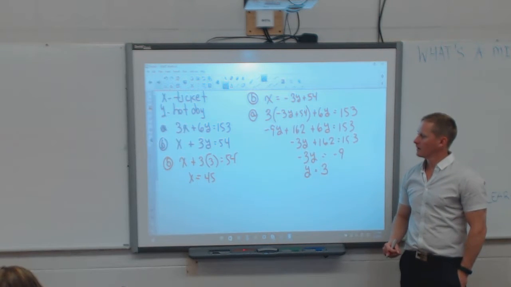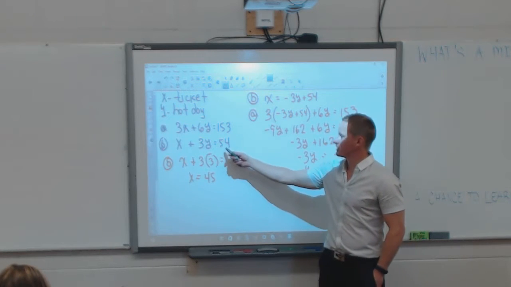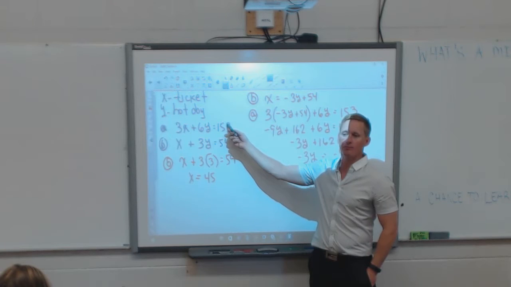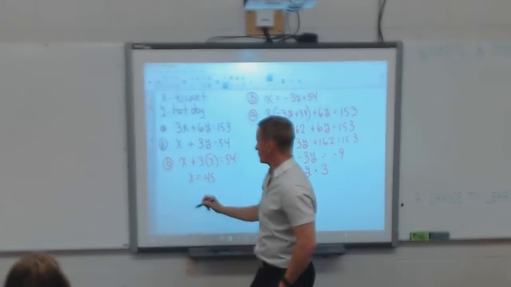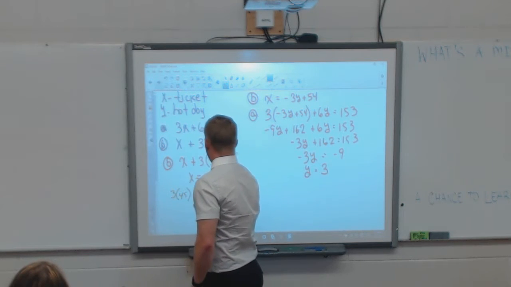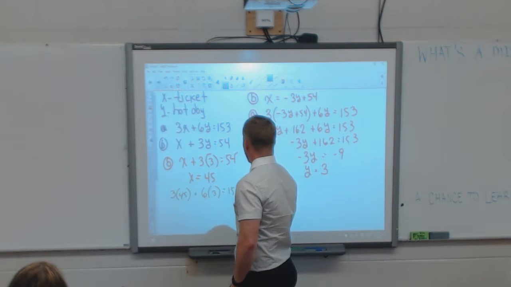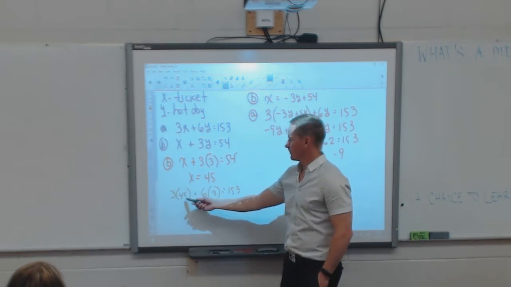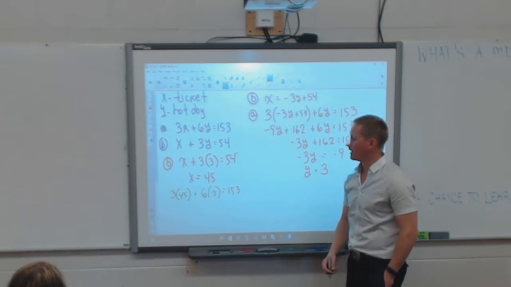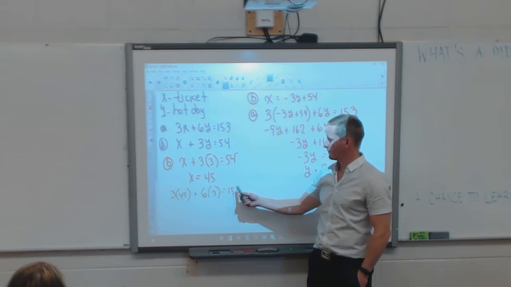Okay? And again, I should prove it. If I use this one to solve it, then I would use that one to prove it, just to make sure. So I go 3 times 45 plus 6 times 3, and that should equal 153. 3 times 45 is 135. 135 plus 18 is 153.